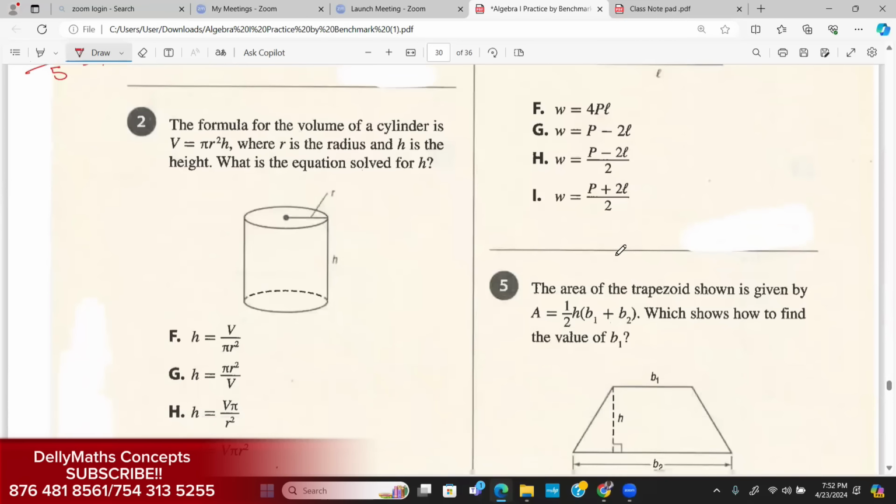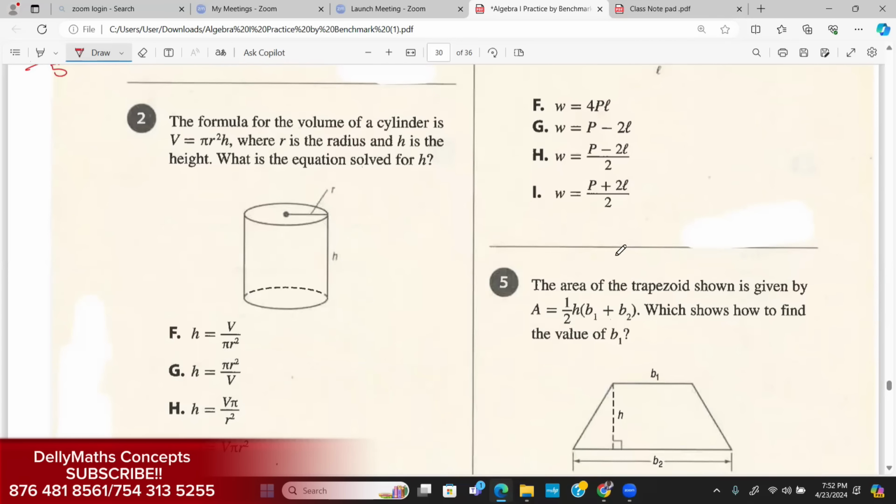Let's take a look at number 2. Number 2 says the formula for the volume of a cylinder is V is equal to pi r squared h, where r is the radius and h is the height. What is the equation solved for h? In other words, I need to make h the subject. So I have V, which is equal to pi r squared h. The intention is that I need to isolate the h.